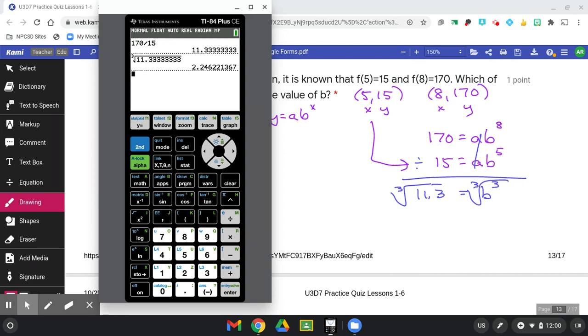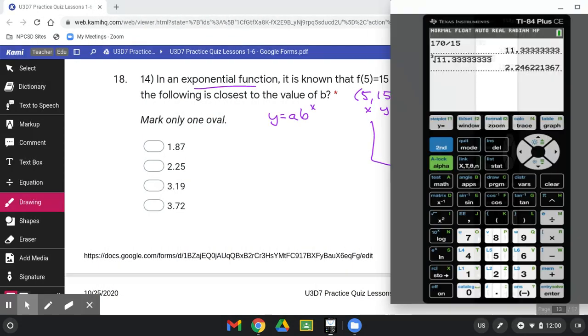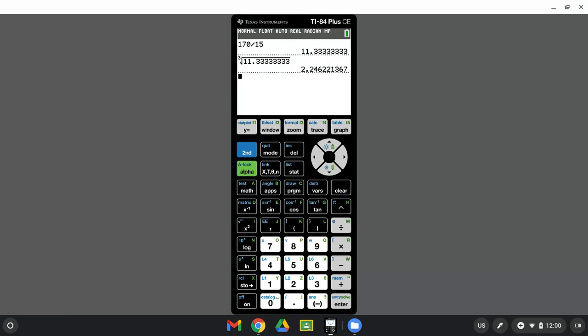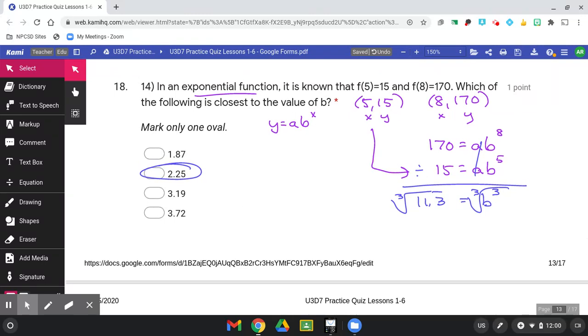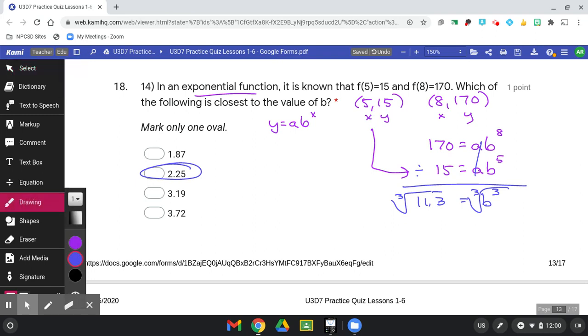And I get 2.246, which would be 2.25. That is my b value. Now, just in case you're wondering, if you want to keep track of this, b is equal to 2.25. In order to find my a value, I would just plop that back into one of these equations and then solve for a.